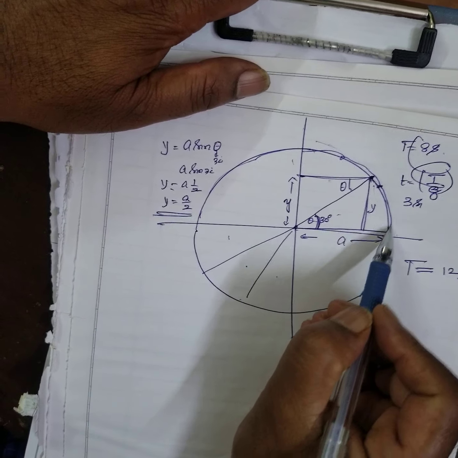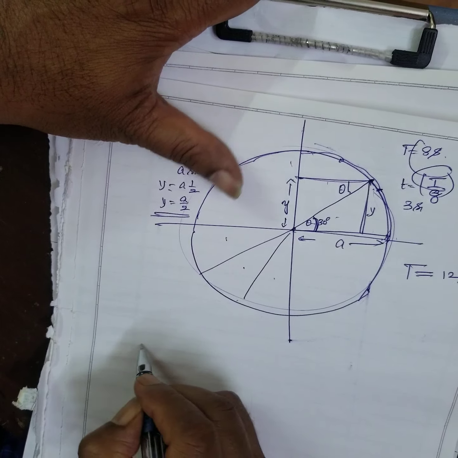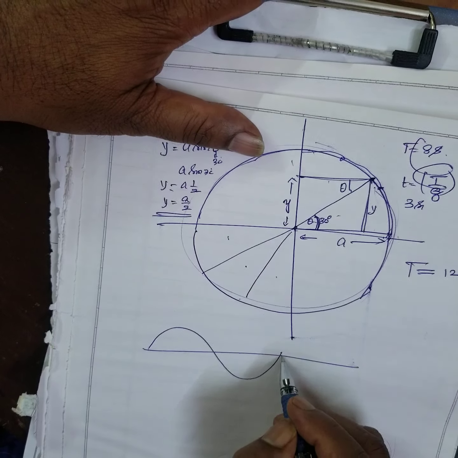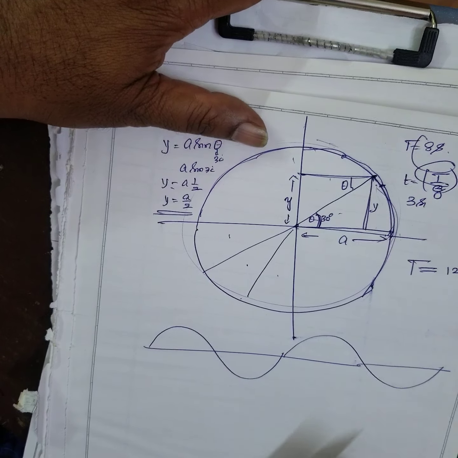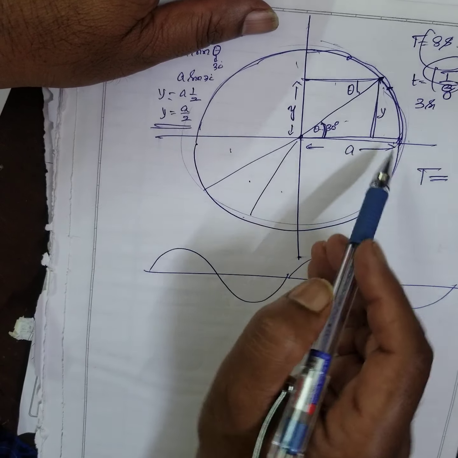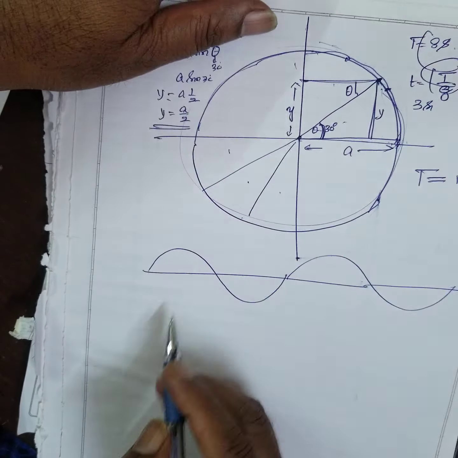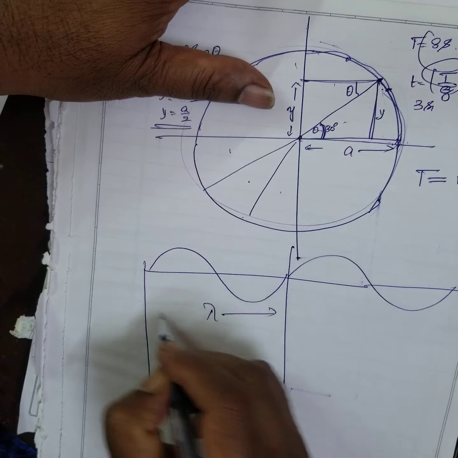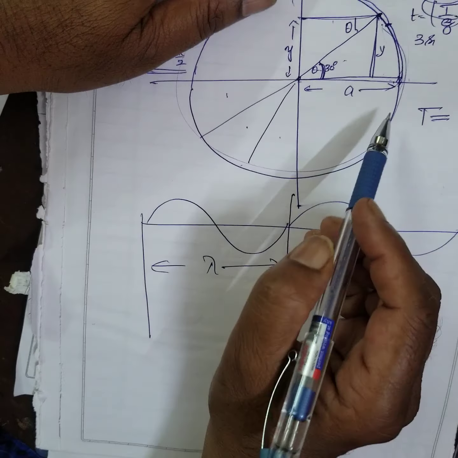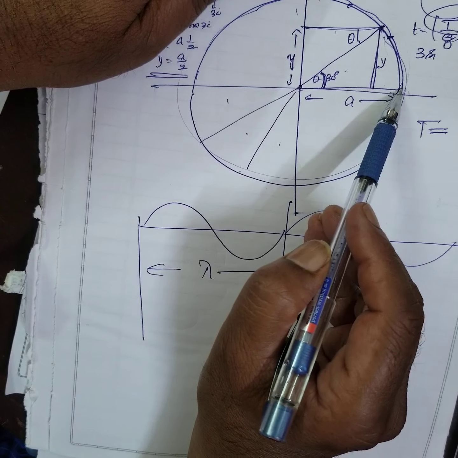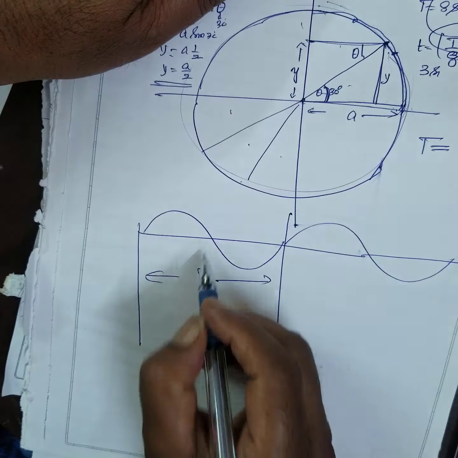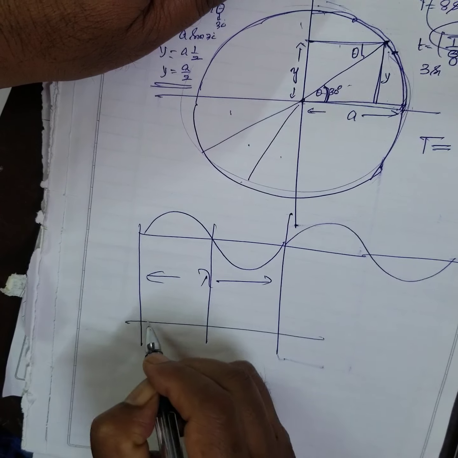I will make one rotation. When in one rotation, what will happen? One wave comes out. Another rotation, another wave comes out. You have to imagine like this. Suppose I make a quarter rotation. What is the displacement? This is one wavelength. Suppose from here to here, it makes a half rotation.